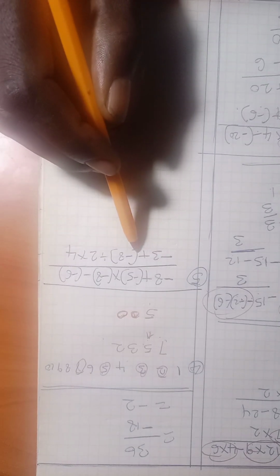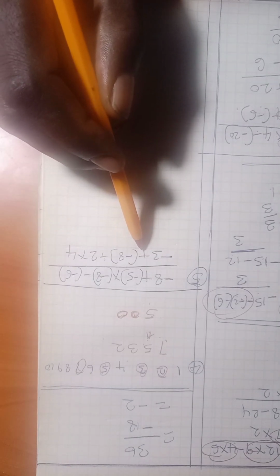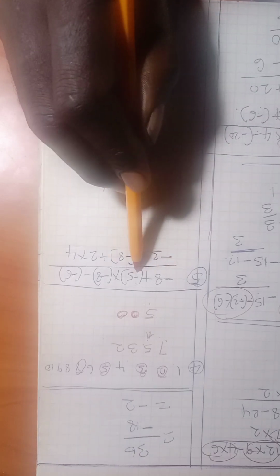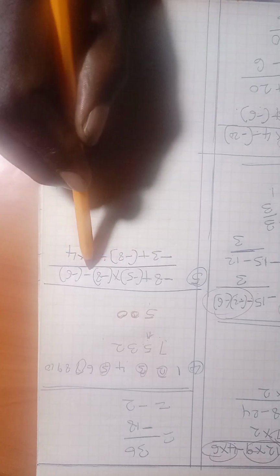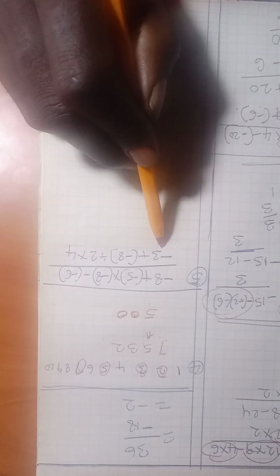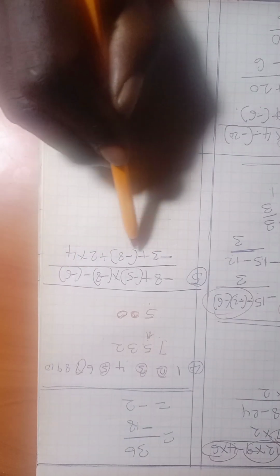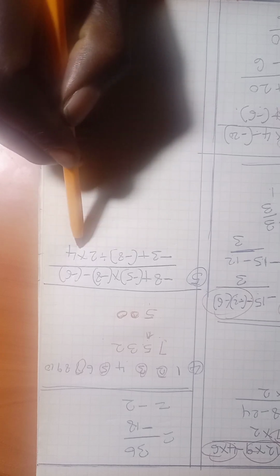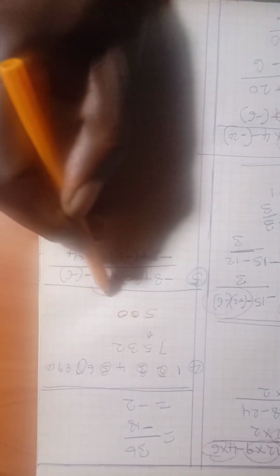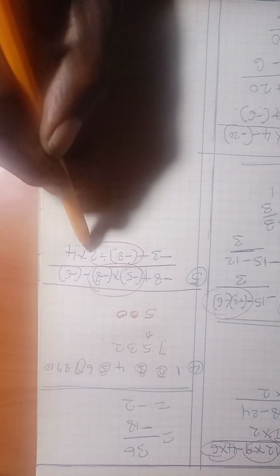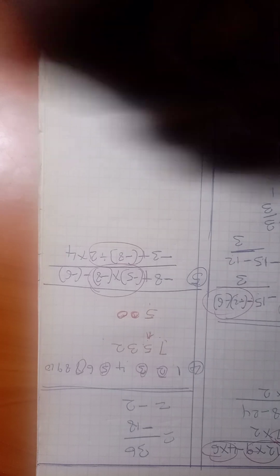Now, without using a calculator, evaluate -8 plus -5 multiplied by -8 minus -6, all over -3 plus -8 divided by 2 multiplied by 4. Such a sum, you will start working with this part first and the other part first.